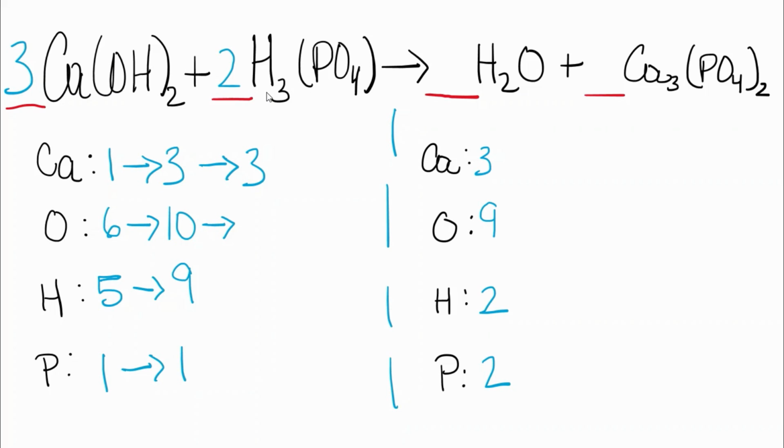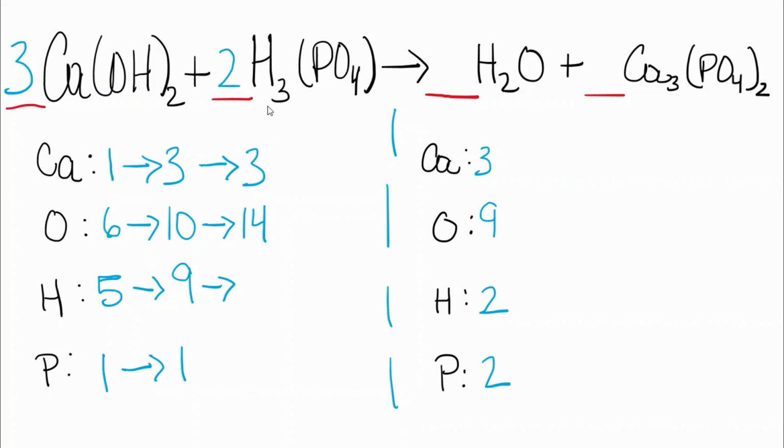But regarding this one, we will now have a total of 8, right? So you'll have 4 oxygens from the phosphate, and then there's 2 phosphoric acids from the stoichiometric coefficient. So that'll be 8 oxygens in total, plus the 6 you have, that's going to total to 14 oxygens.